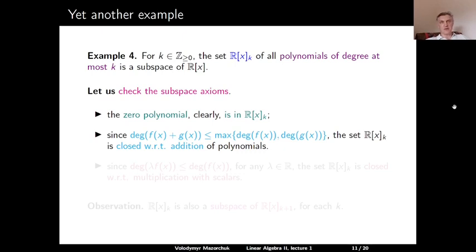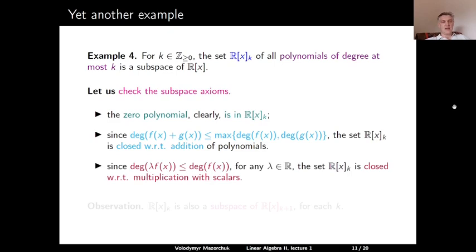Usually it is the maximum, but if we kill the leading coefficient, it might go down. But anyway, the degree of the sum is at most the maximum of the degrees of the original summands, which means that our set R[x]_k is closed with respect to addition of polynomials.